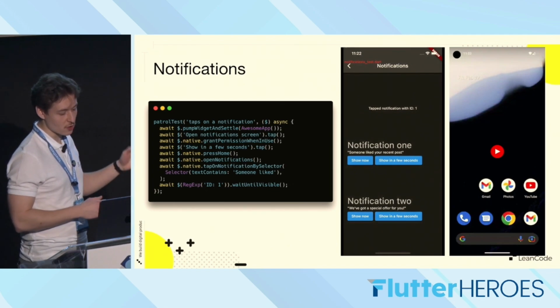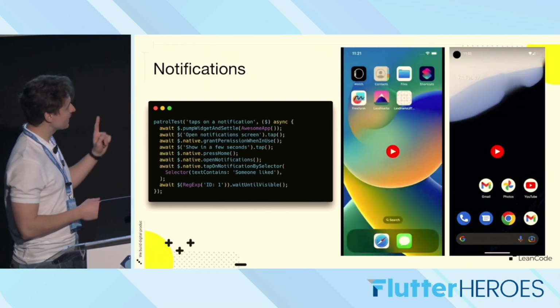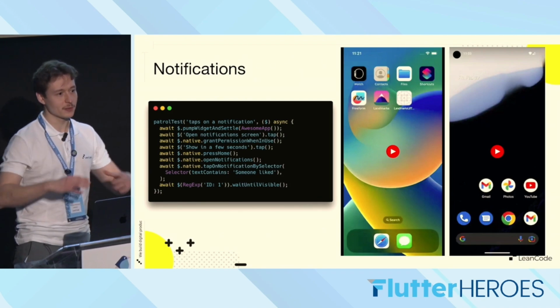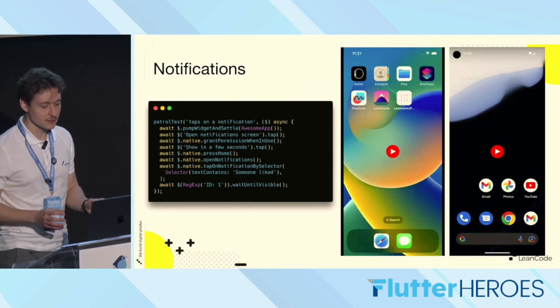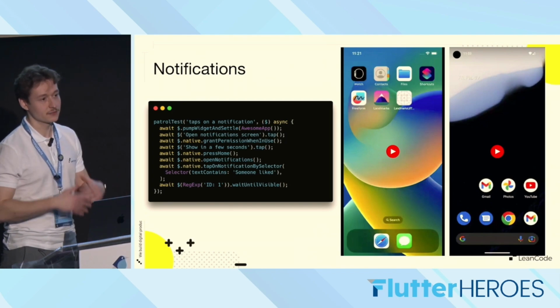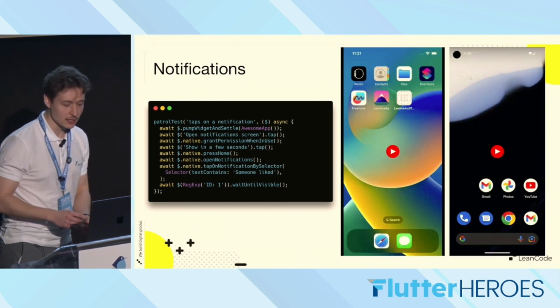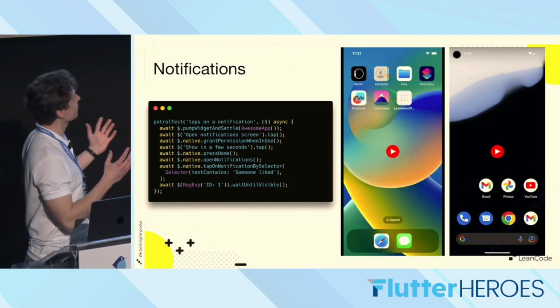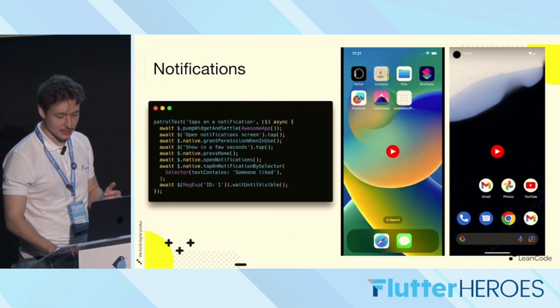And then we can press home, open notifications, tap on notification by selector. Selector means something like a finder, but for native stuff. We didn't want to confuse you that a finder is both native and Flutter, so we named it selector, but it's how to find a view on the native side.